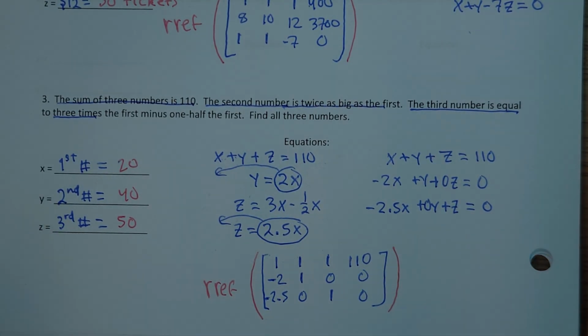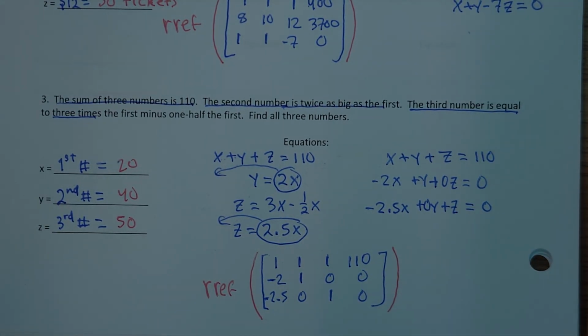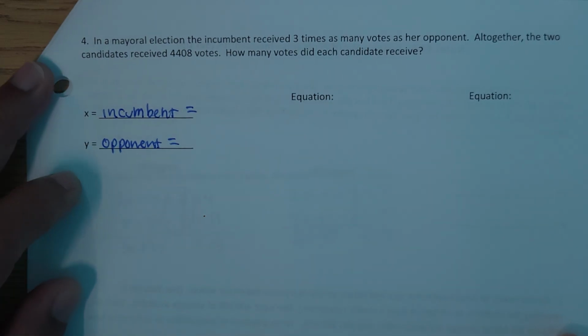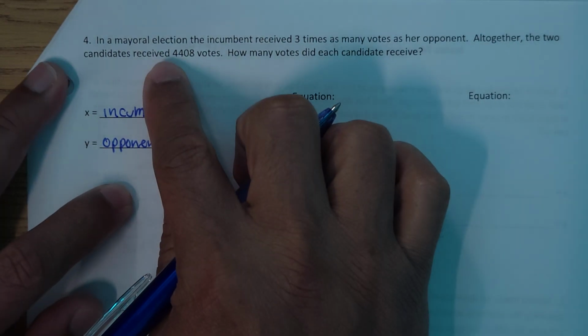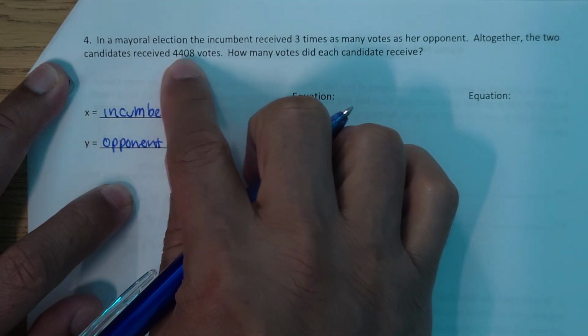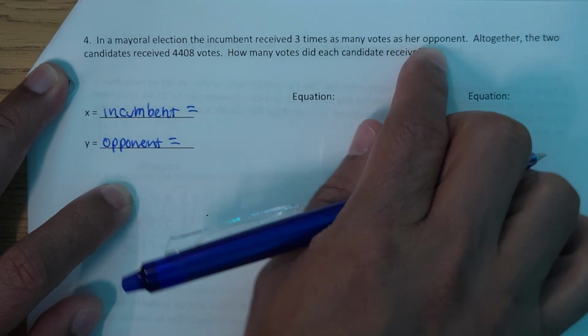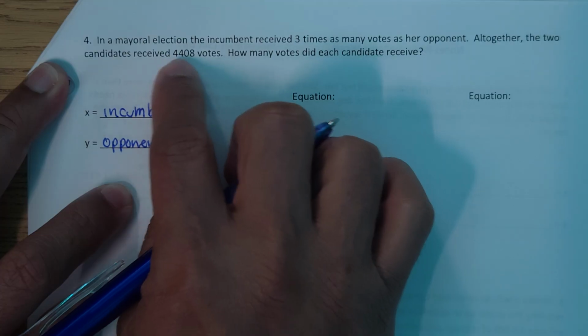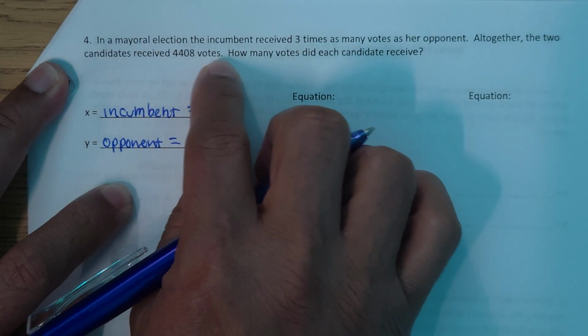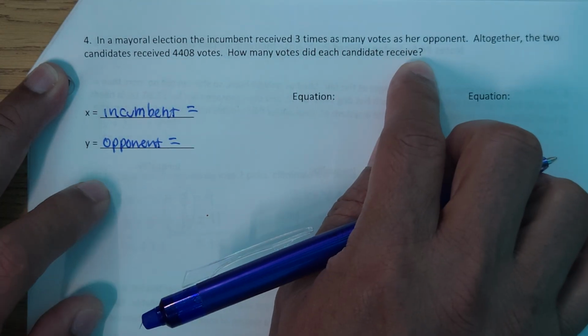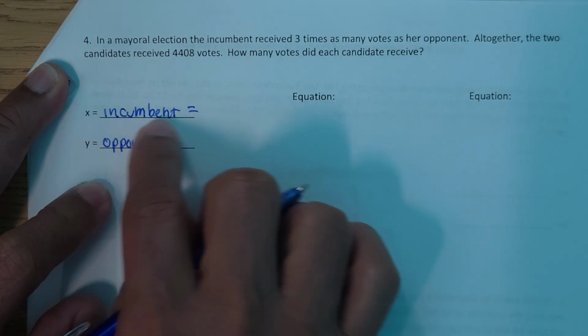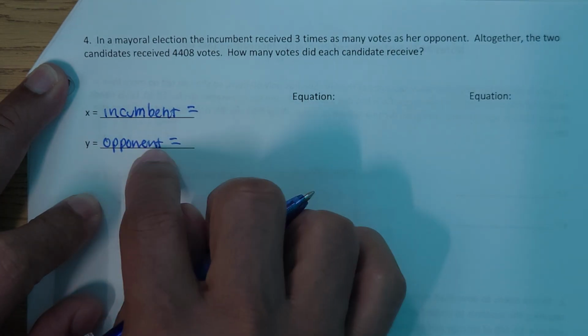So I'm going to go to the next page and do that last example. All right, so this is the last example for this lesson. In a mayoral election, the incumbent received 3 times as many votes as her opponent. Altogether, the two candidates received 4,408 votes. How many votes did each candidate receive? So let x represent the incumbent and let y represent the opponent.